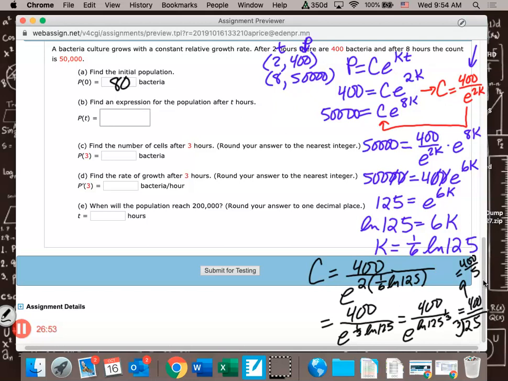Yours, you could honestly just put this whole thing in your calculator and get what the number is. But it should be an integer. Did everyone get an integer? Some nice, decent number.